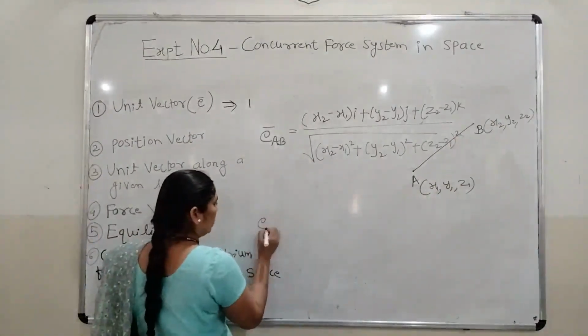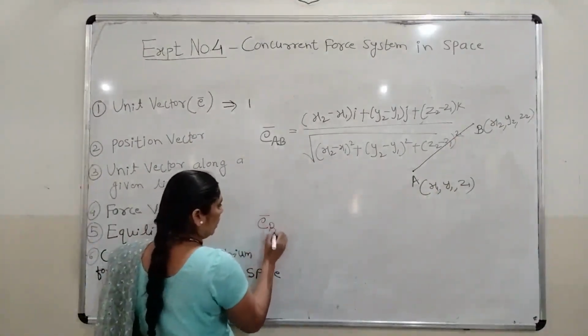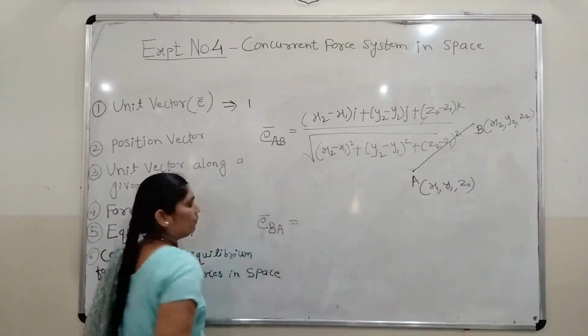Now we have to find out the unit vector along the line BA.